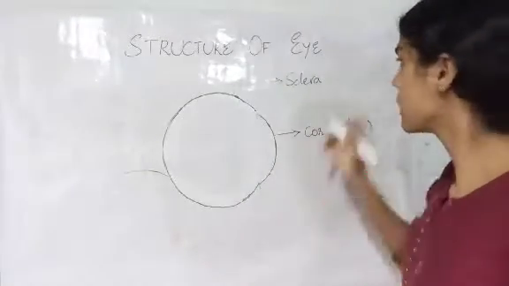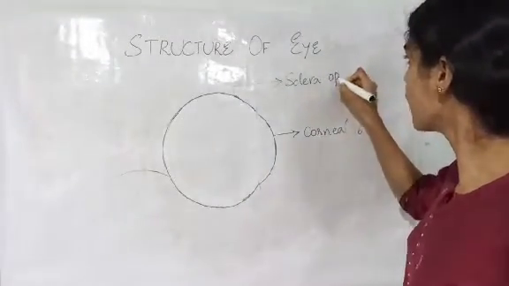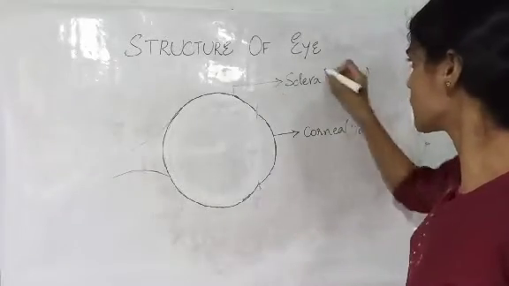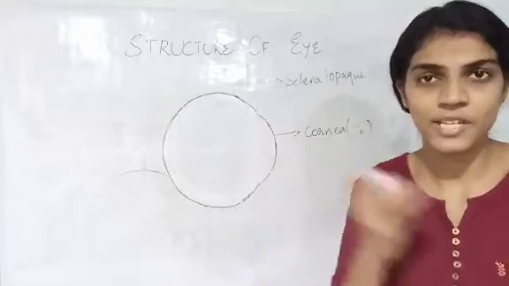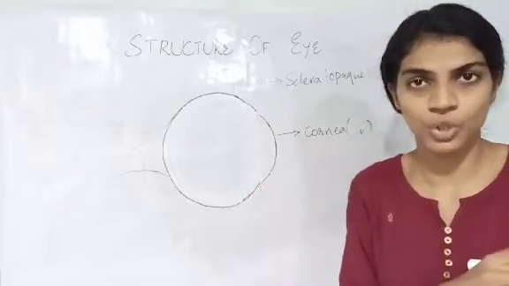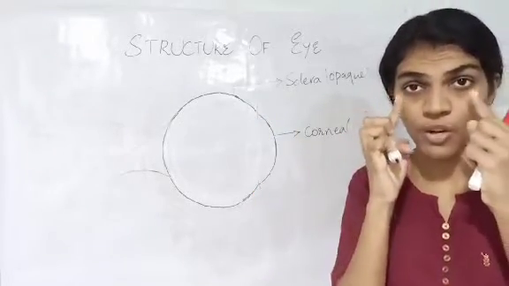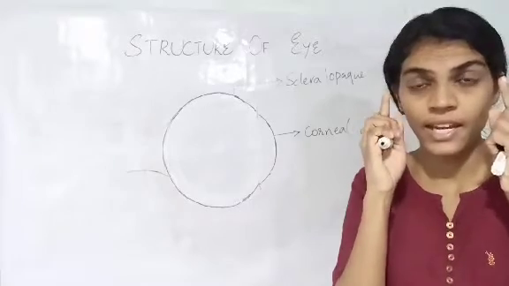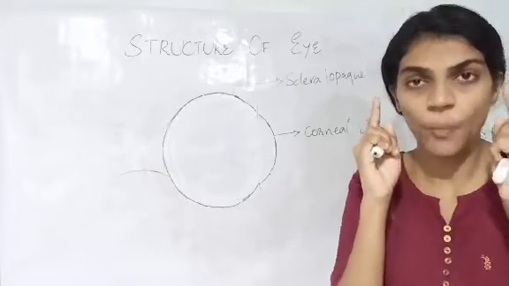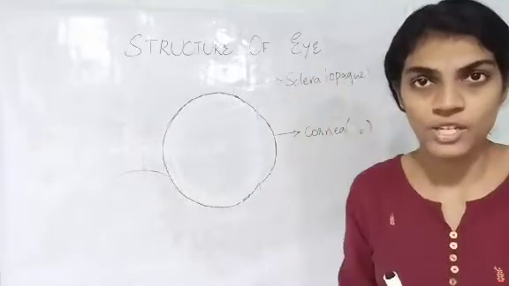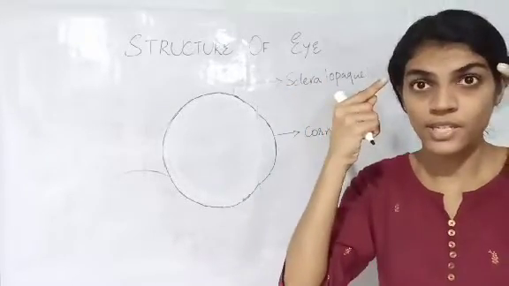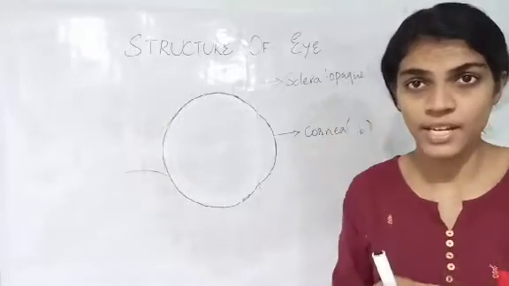One main thing: the sclera is an opaque layer. That means it does not transmit light through it. The white region of your eye is not transparent, it is opaque. You can see a dark region in the eye, right?